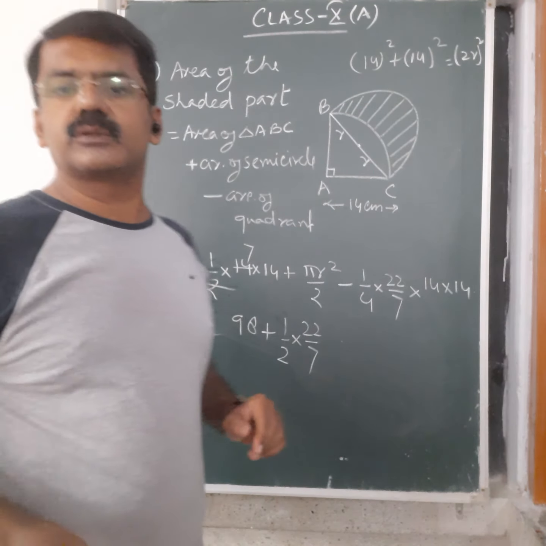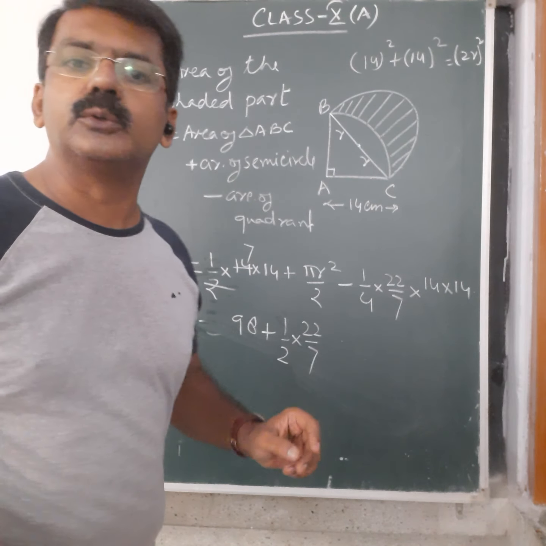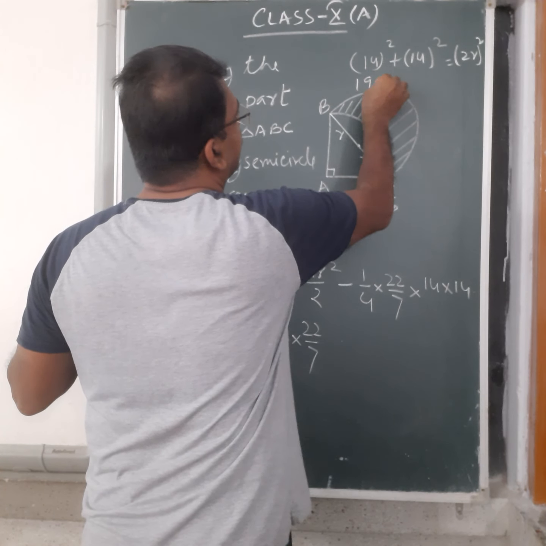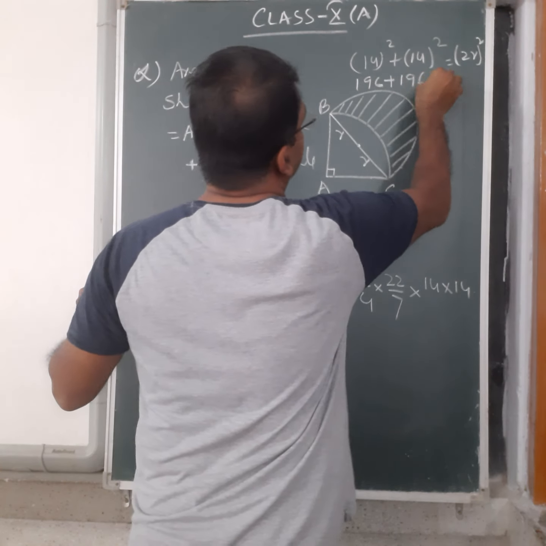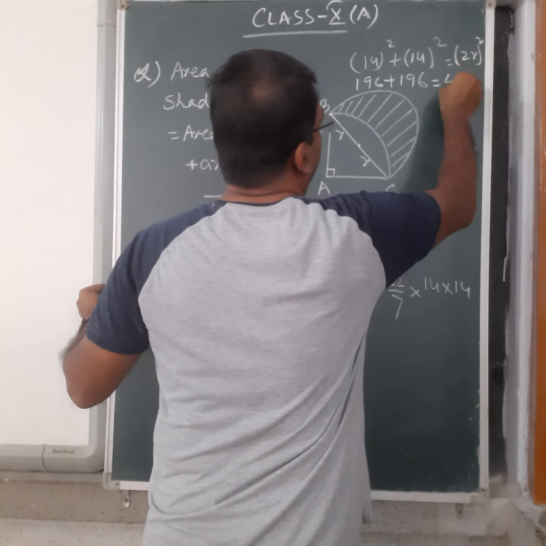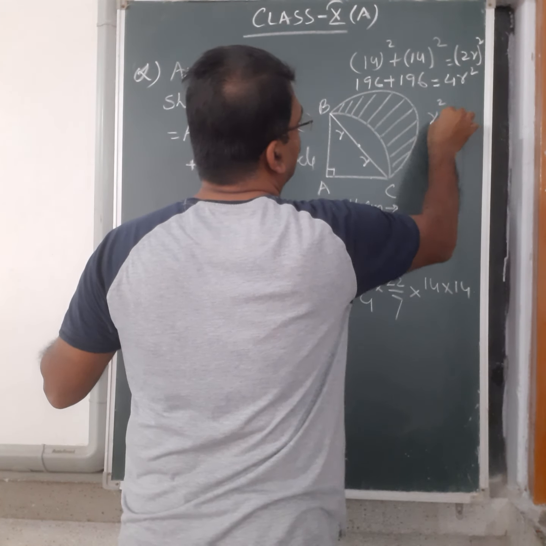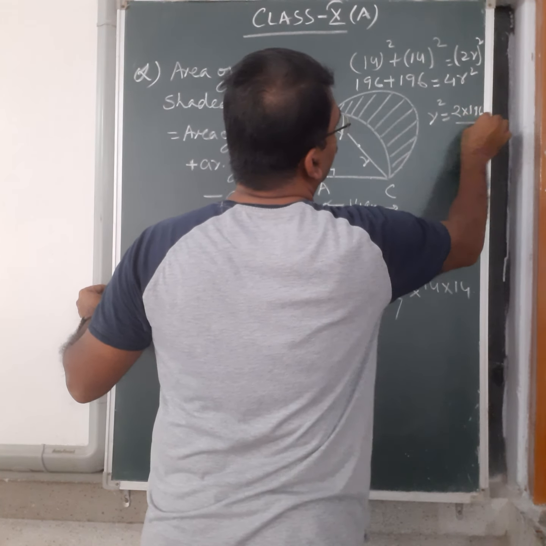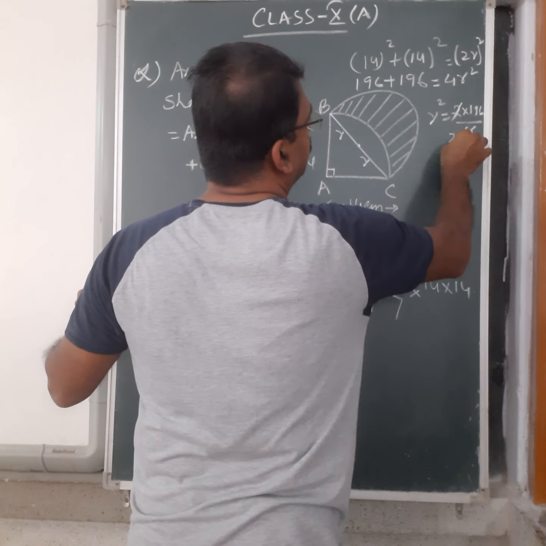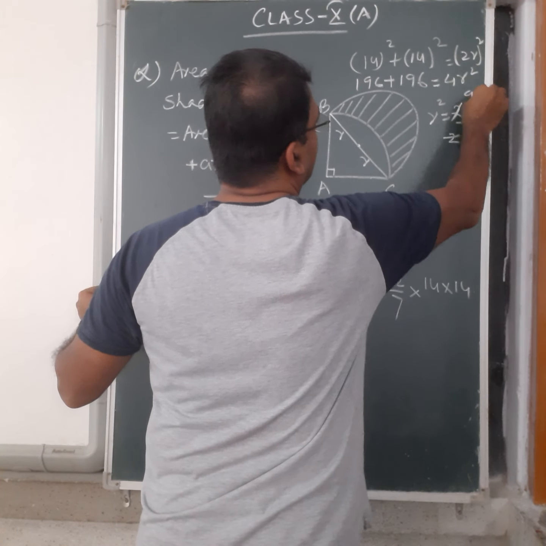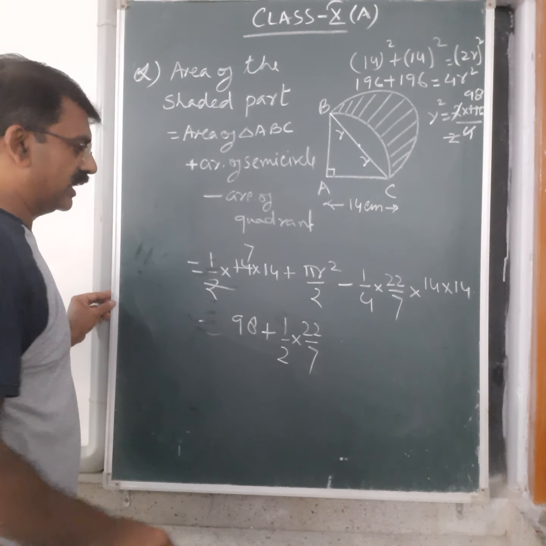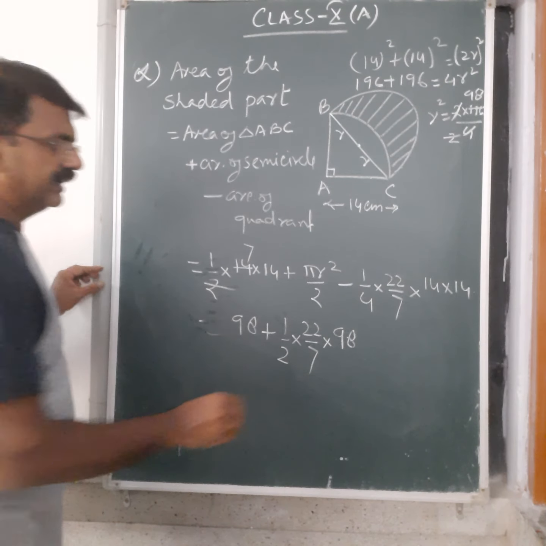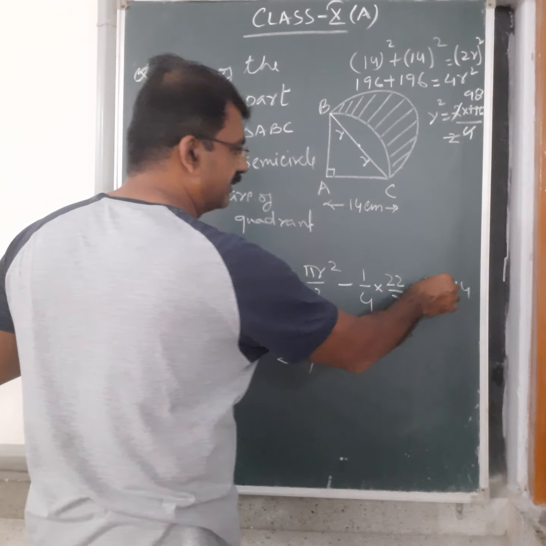Now 196 plus 196 is equal to 4r square. So r square will be equal to 2 times 196 upon 4. Cancel by 2, then again by 2, 98. So you can see r square is coming out to be 98. So directly you write down 98 over here, minus the area of the quadrant.